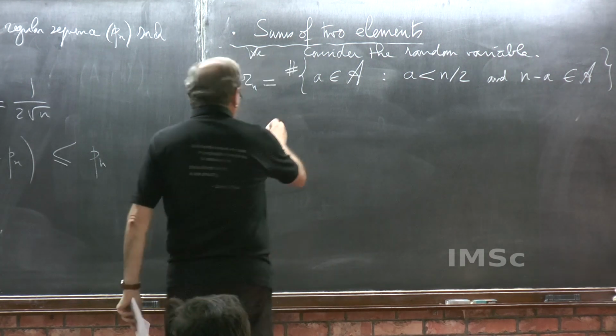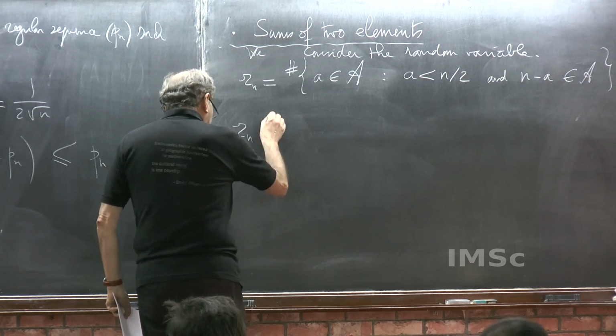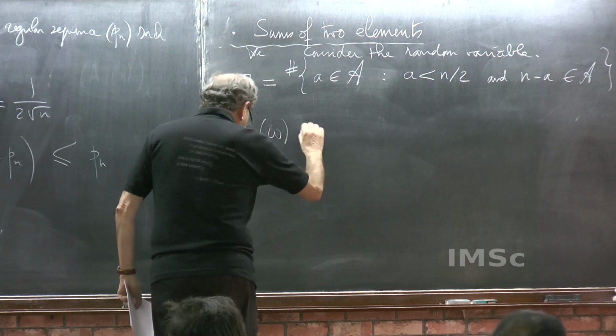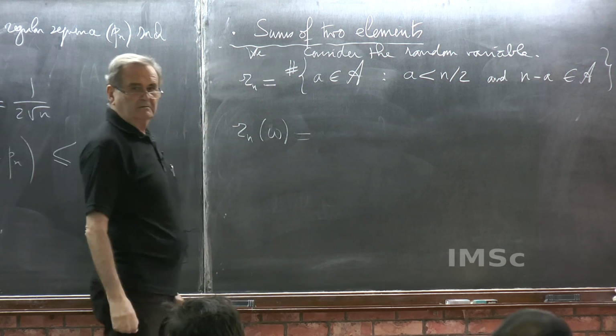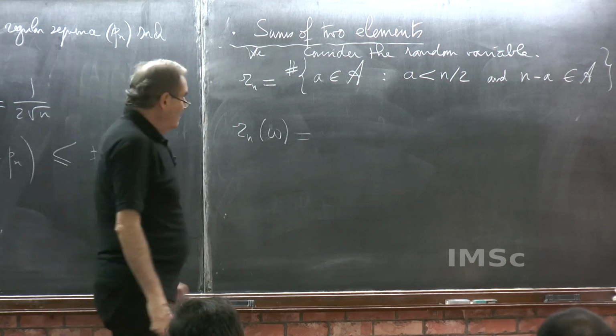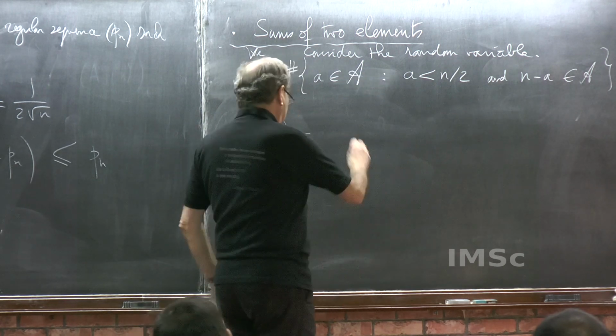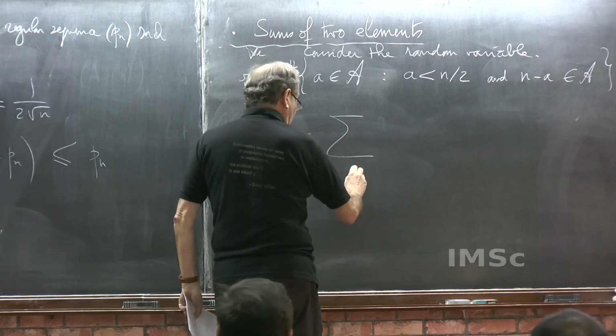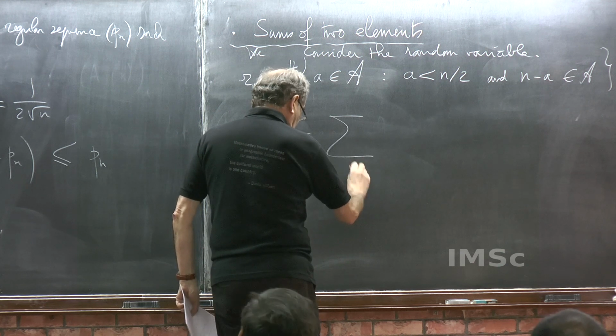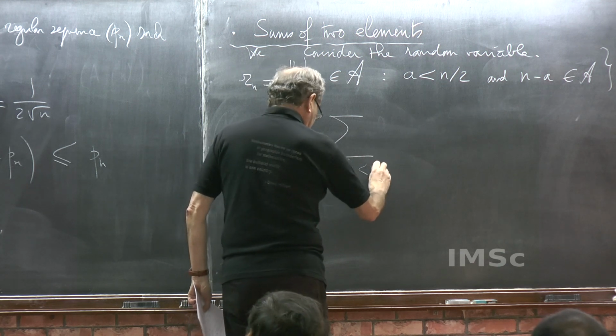So what I am saying is that if you wish, you can write it like that. R_n(omega), if you want to go back to omega, this will be, each time you are counting, you ask that this element is in A, so you are counting for all the elements j between 1 and n over 2.